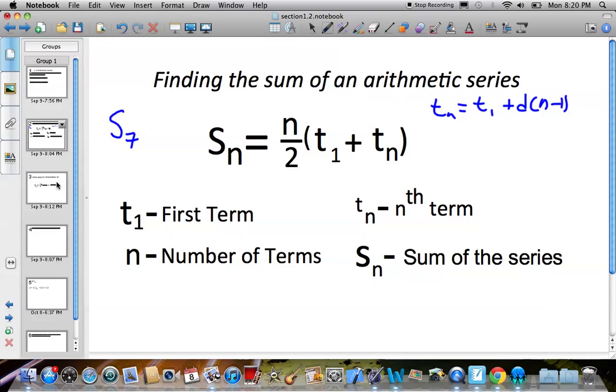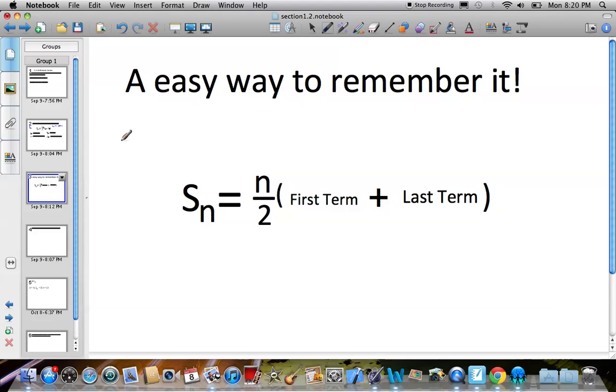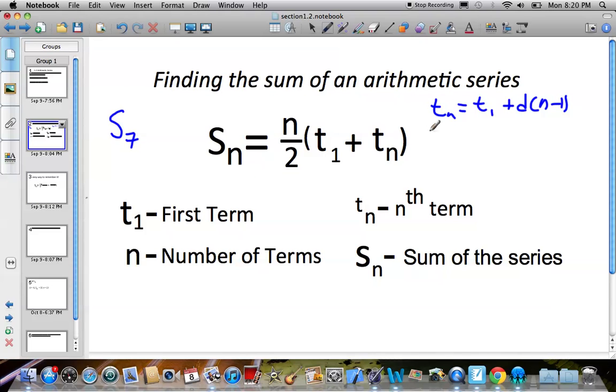So sometimes it helps to think of the formula like this. S of n, the sum of the first n terms, is equal to n divided by 2, first term plus last term. A really easy way to remember it. Some people write it with t of n replaced by this, and that's okay, that works perfectly.